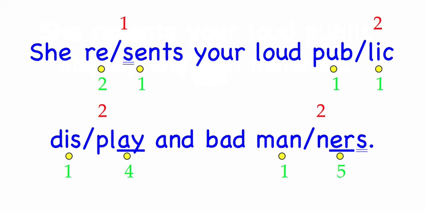The trooper, troo, three sounds, T, R, U. Per, two sounds, P, R. Trooper did impose, im, two sounds, I, M. Pose, three sounds, P, O, Z. Impose his will and help the victim.